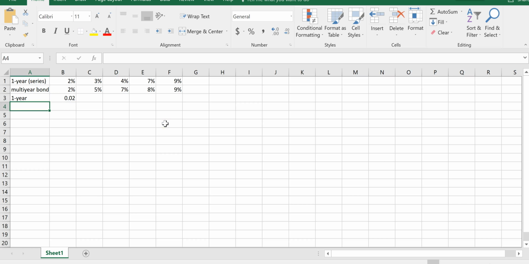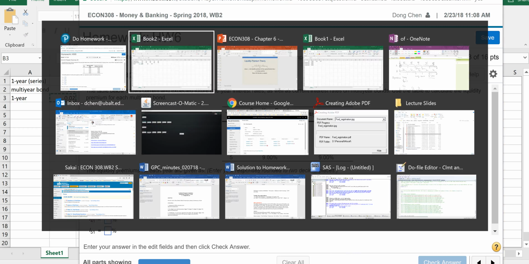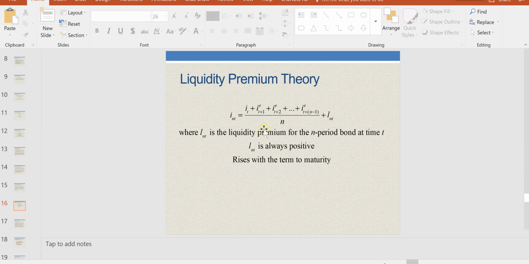And then the liquidity premium for 1 year, L10. Remember, this first number I just calculated is the average of the 1-year bonds. Going back to the slides, that's this first component here.